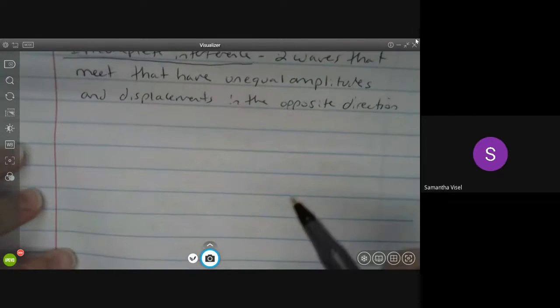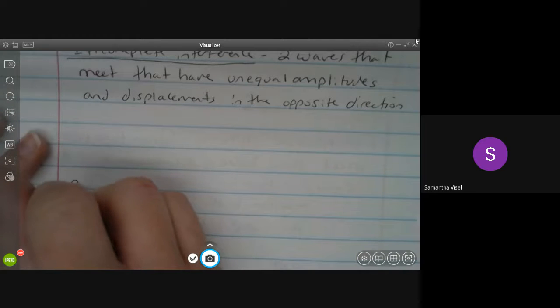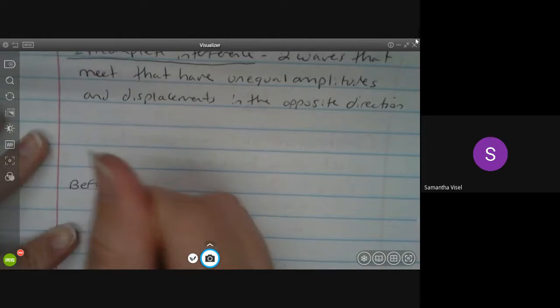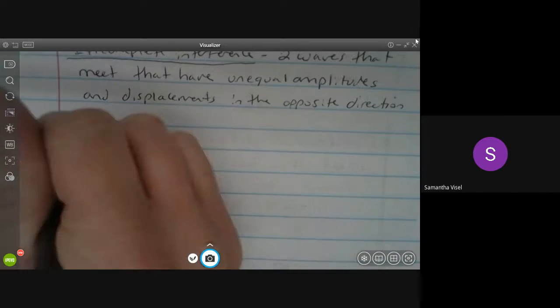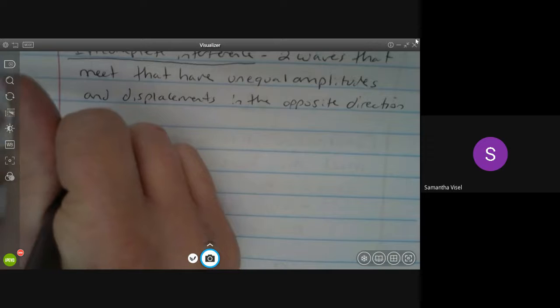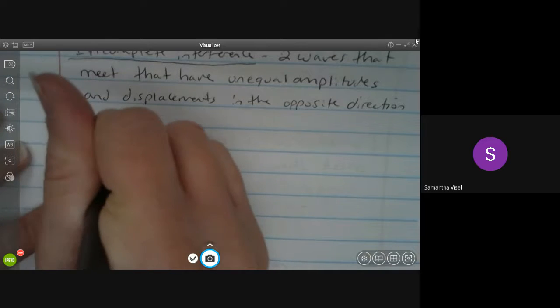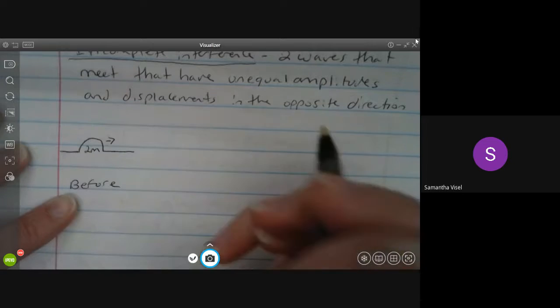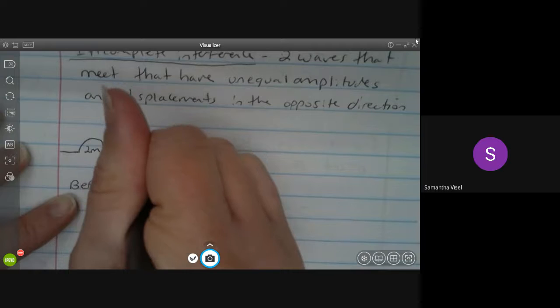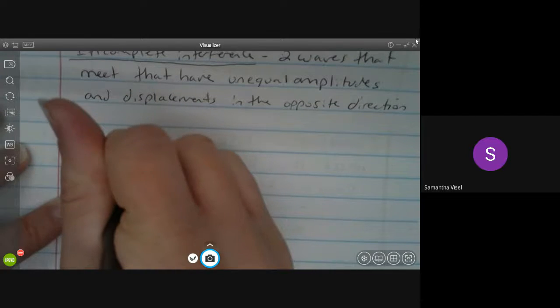So doing a before, during, and after again to get an idea of what these look like. So here's my before. Let's say I have a wave that's 2 meters high as a crest heading to the right, but a 3-meter trough heading to the left.